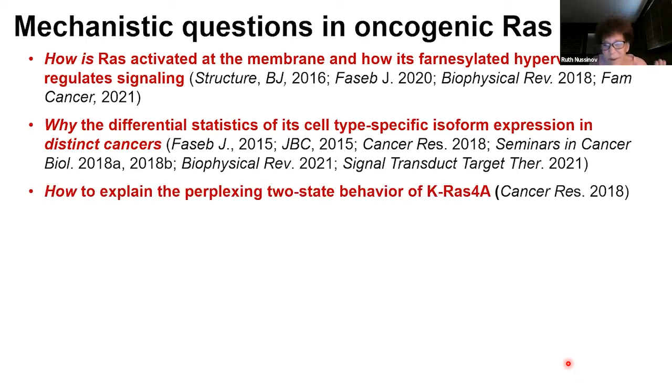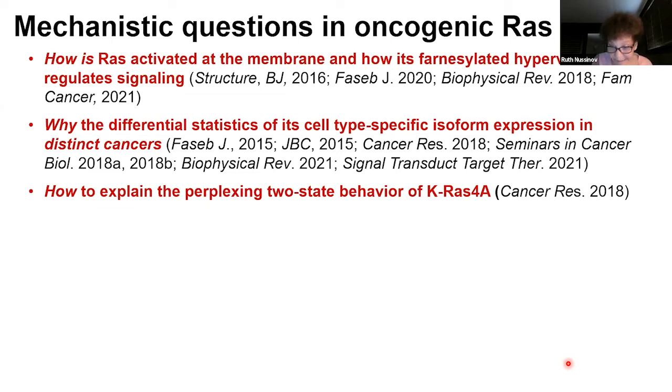How to explain the perplexing two-state behavior of the KRAS4A isoform, which can behave both as KRAS4B and as NRAS? That's to say, it's active in both types of cancers that are populated by these other RAS isoforms.